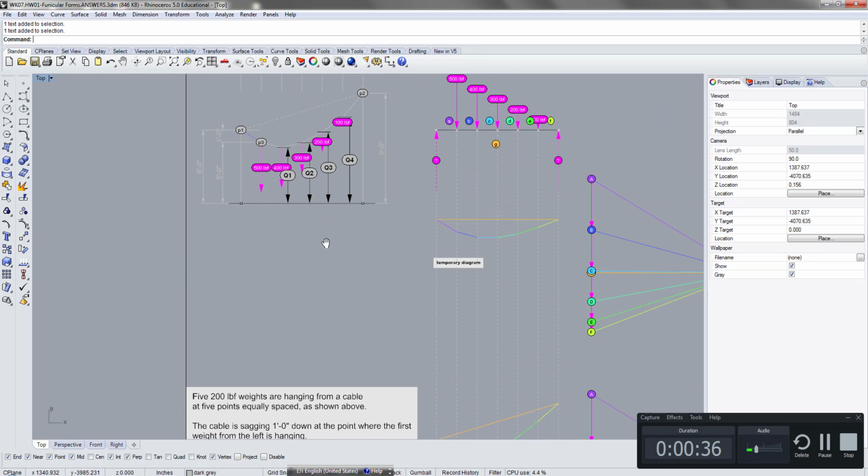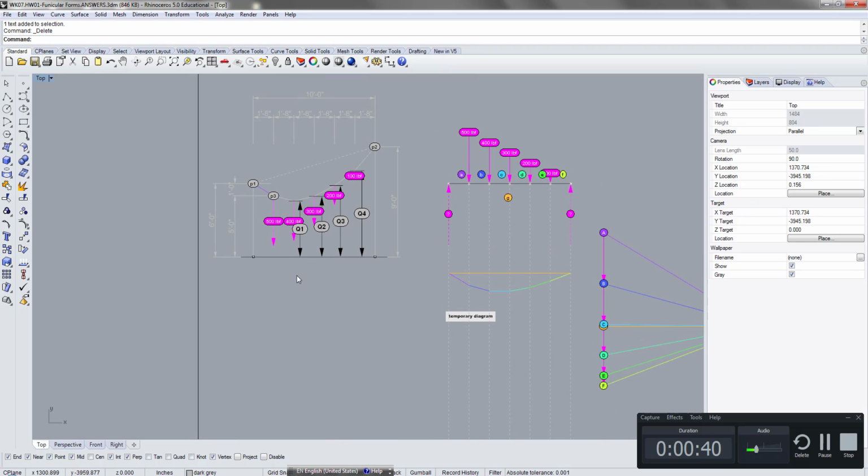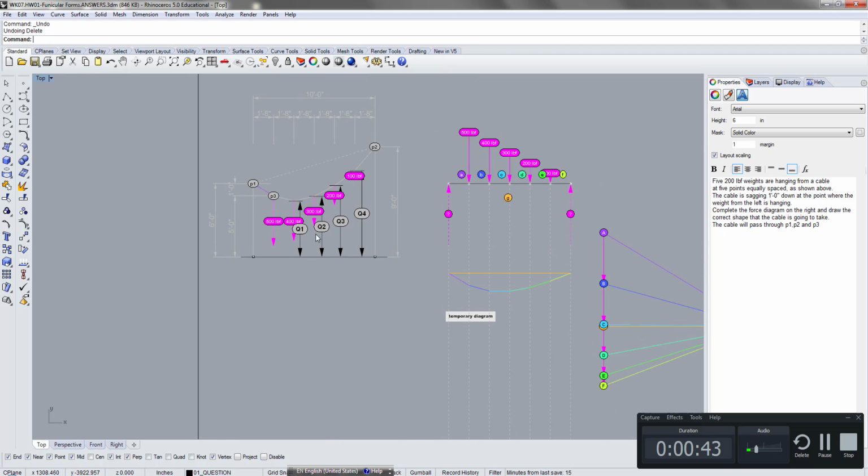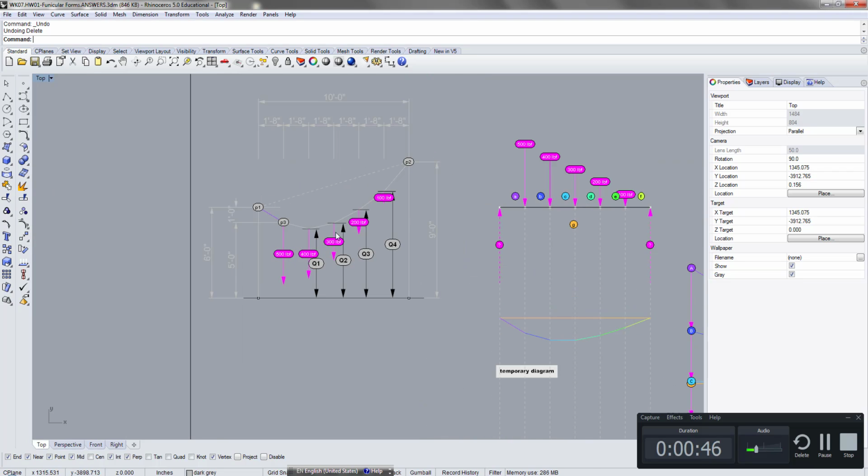I guess I copied the sentence from somewhere. Anyway, there are 5 weights, all different, and we are trying to figure out what form the cable is going to take given these points. So the problem is clear.